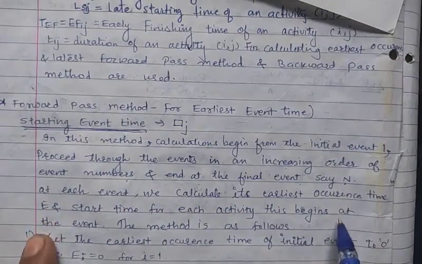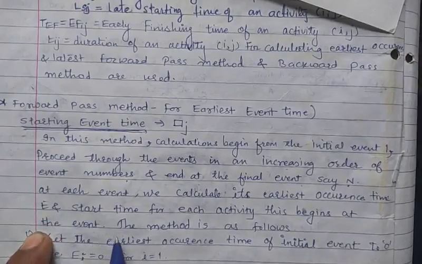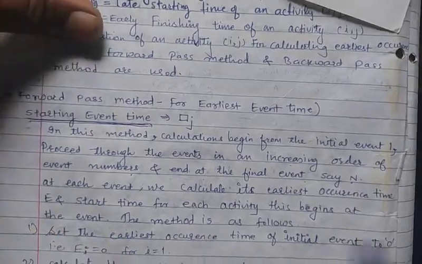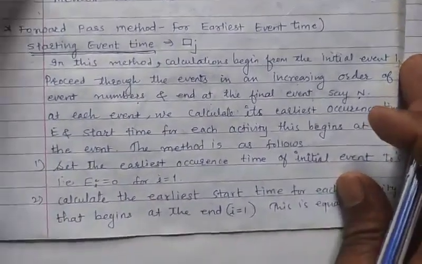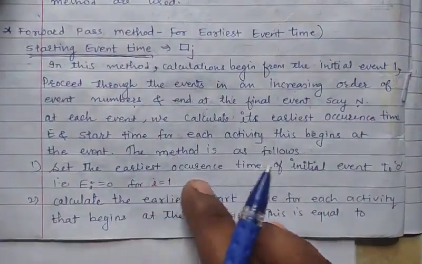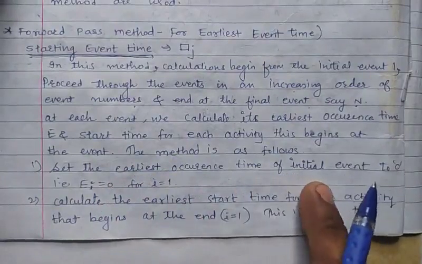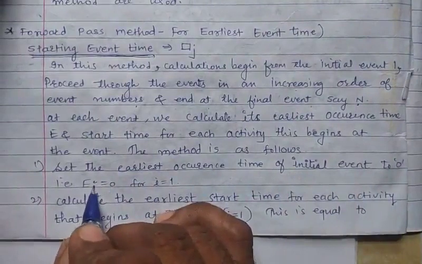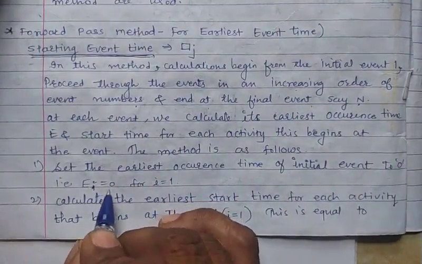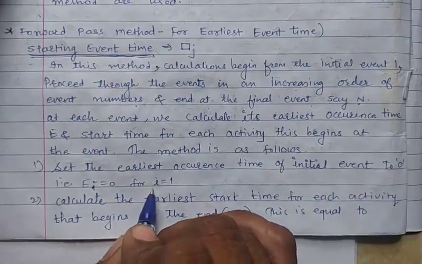So the method is as follows. How do we use this method? Let's see. Set the earliest occurrence time of the initial event to 0. That is, first substitute Ei equal to 0 for i equal to 1.